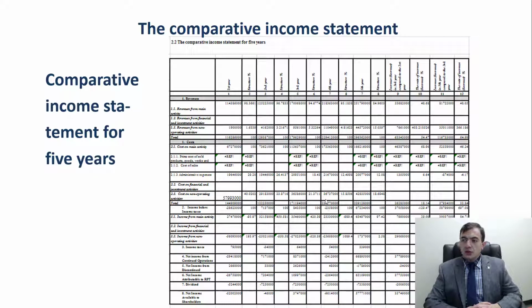Also, at the end of the table you can see the last four columns. In those columns we can again use formulas to calculate the growth or decline of revenues, costs, and also the income, and this will show us the current situation of the company.